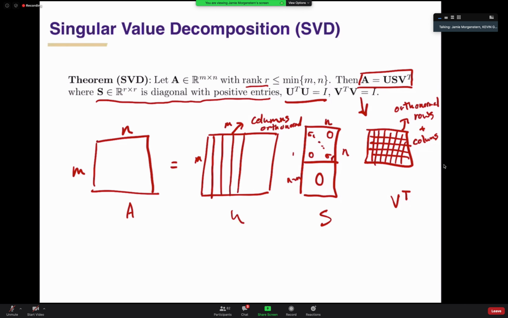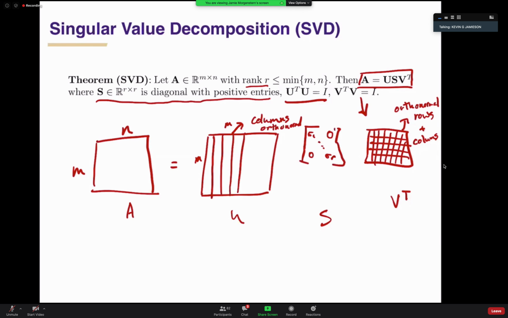There are two ways to write this down. James is writing down the so-called full SVD decomposition dimensions. But you might be confused if you're looking at the theorem statement because it says that S is R by R. That's because this is the so-called skinny representation of SVD.